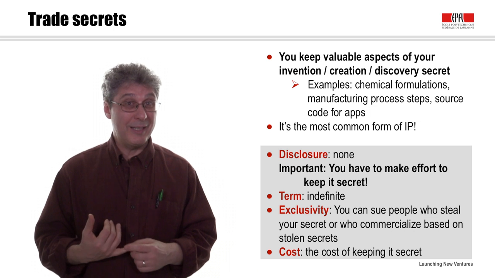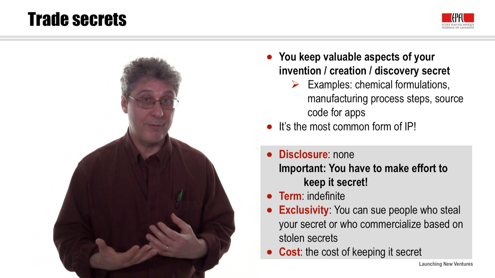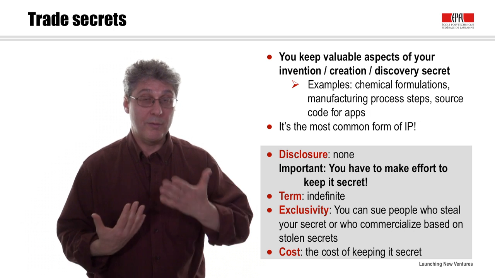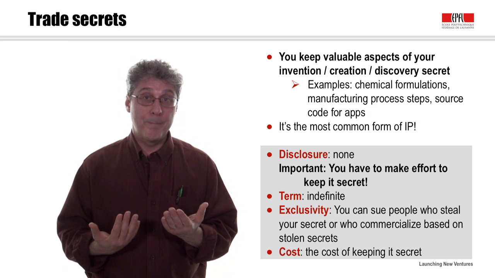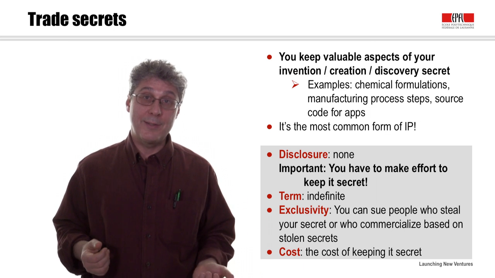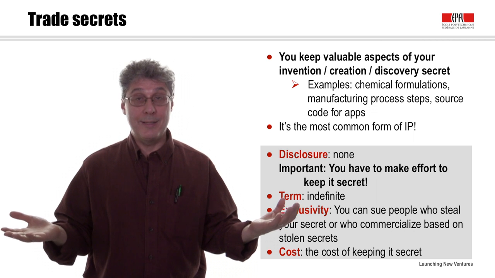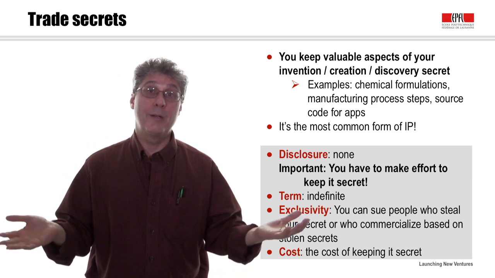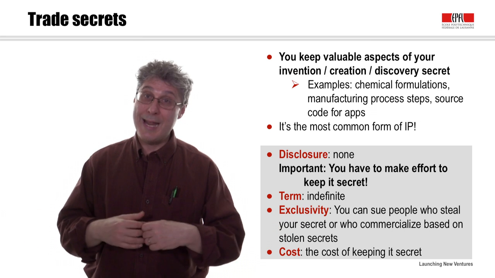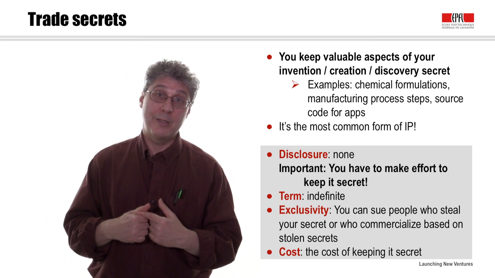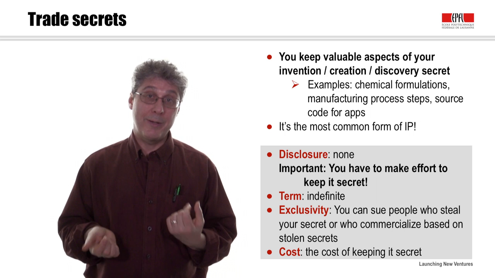On the other hand, if there's an inadvertent leak of information, you have a secret formula and you write it down and you leave it on a train seat someplace and someone else picks it up and sees the secret formula, that is too bad for you. You've just inadvertently revealed your secret, and anyone could turn around and commercialize it at that point.